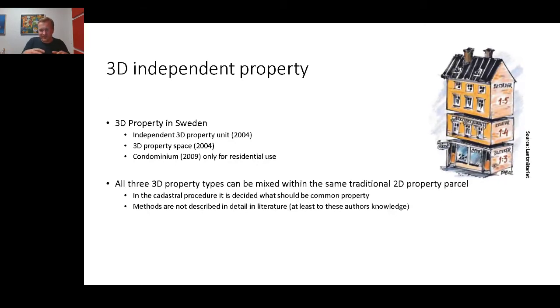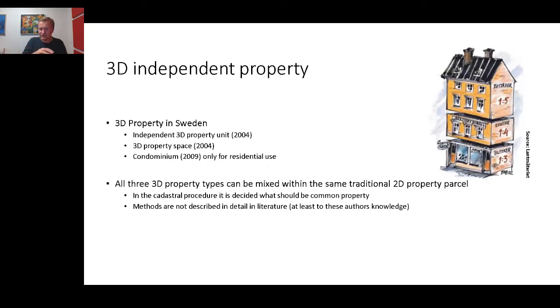So when the market demanded this new possibility to form 3D property, new legislation was drafted that was probably more fit to handle the situation.